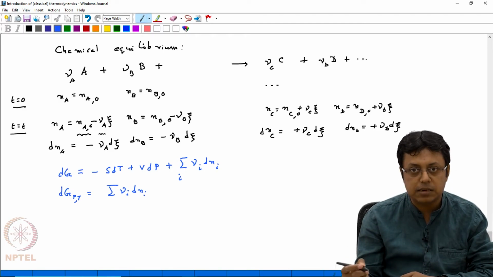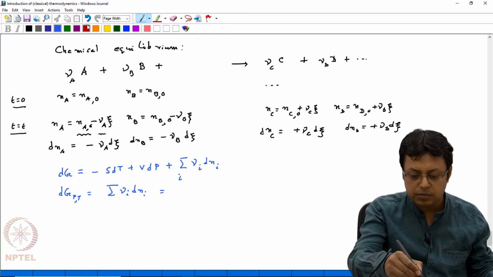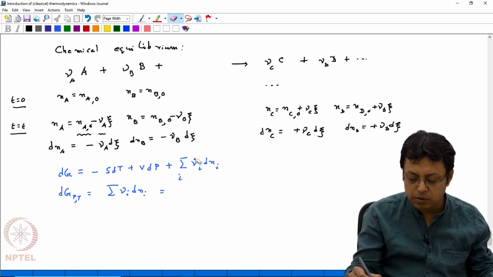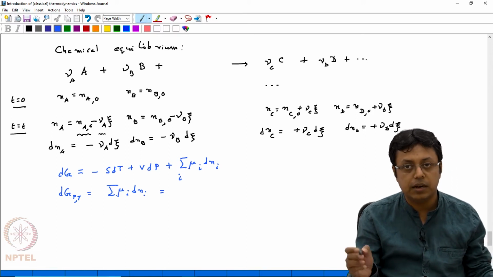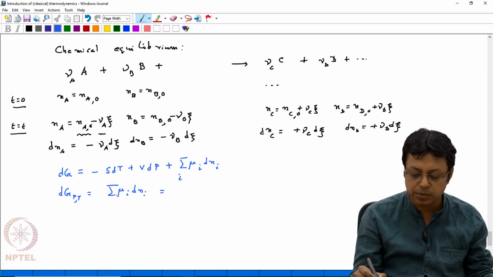So instead of the nu notation for this, we write mu, the chemical potential, because that is what textbooks usually write. It's for chemical potential, and the nu's we are preserving for the stoichiometry.